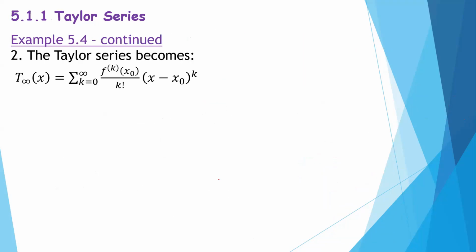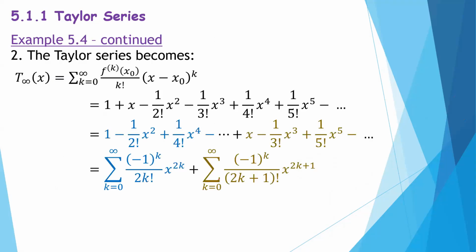So here is the Taylor series that we'll have: 1 plus x minus 1 over 2 x squared minus 1 over 3 factorial x cubed, plus plus minus minus, and so on.